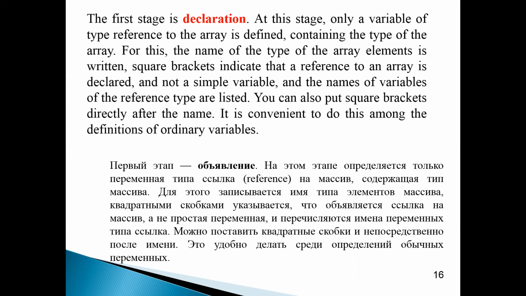For this, the name of the type of the array elements is written. Square brackets indicate that a reference to an array is declared, and not a simple variable, and the names of variables of the reference type are listed.